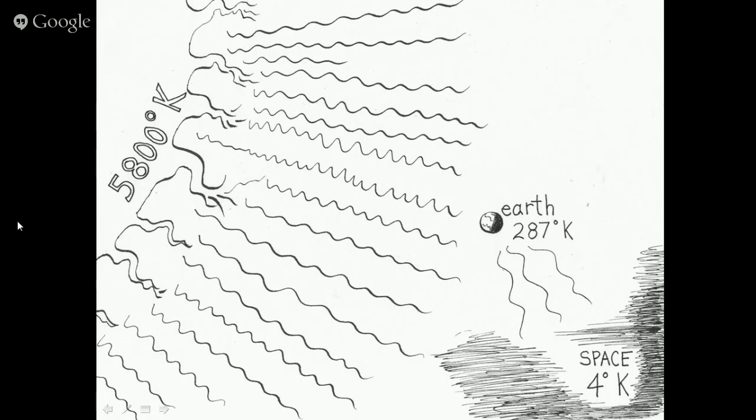And we're losing that energy as outgoing long-wave radiation to space. So we're in a tremendous gradient of energy. We're in an open system with enormous flows of energy through it.